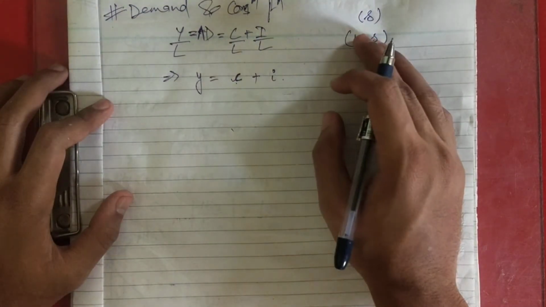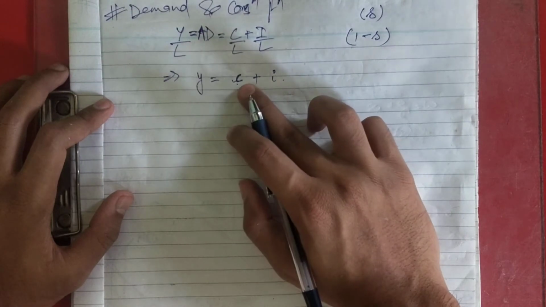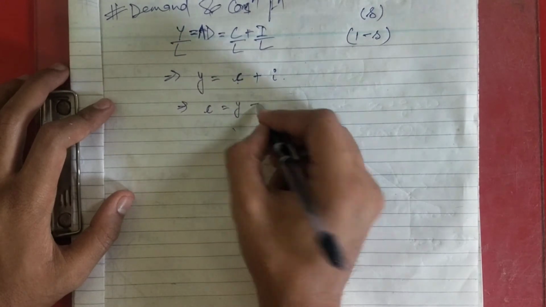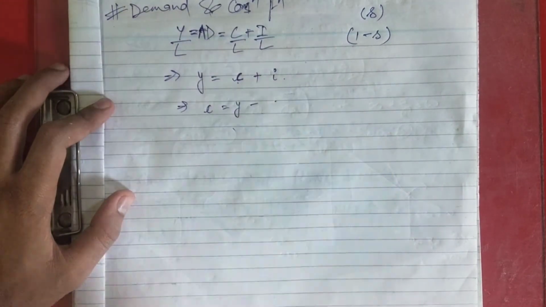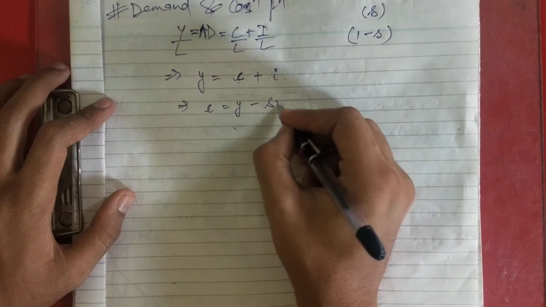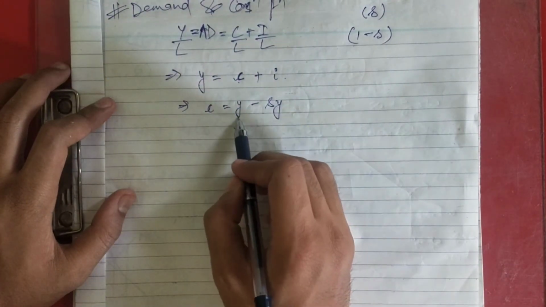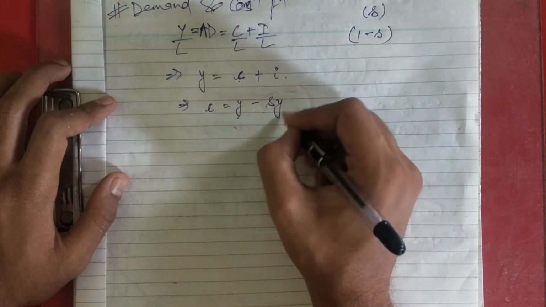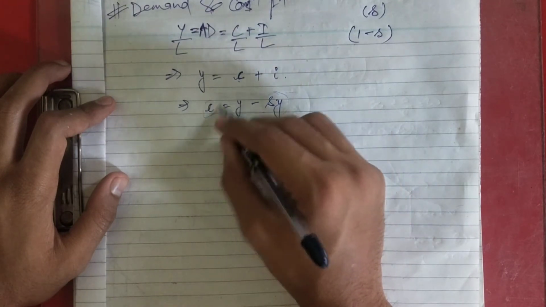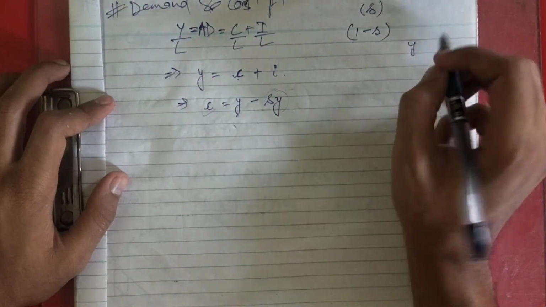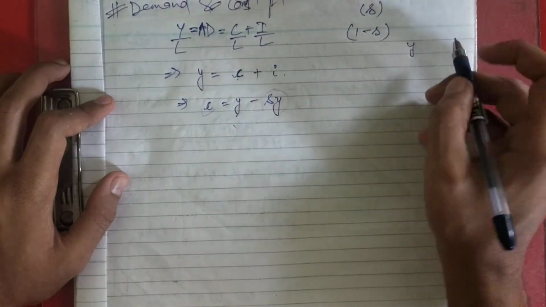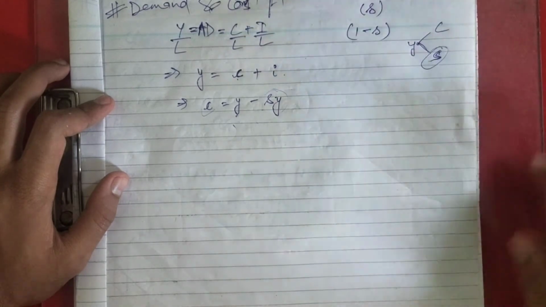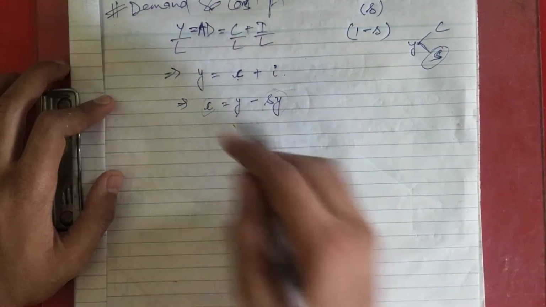So if I want to rewrite the consumption function, small c is equal to y minus small s of y, that is, income per worker minus the proportion you have saved is your consumption per worker, because you can do two things with income: either consume or save, and your saving is what you can further invest.